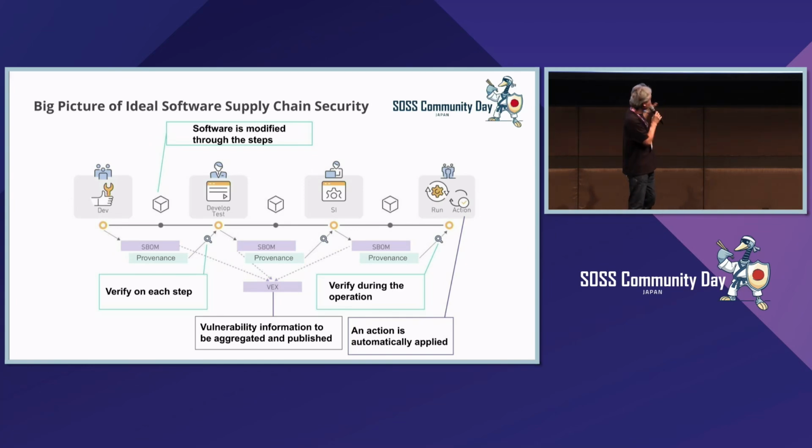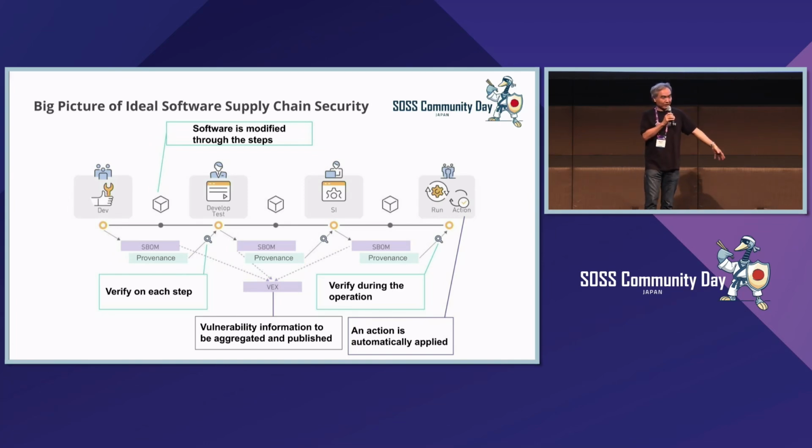Oh, and I forgot to mention one thing. The process and the content can be defined at the design phase, but one thing is dynamic and changed after the process of the software. That's vulnerability. So vulnerabilities should be accumulated and aggregated somewhere, and metadata like SBOM should refer to them because it's dynamic.